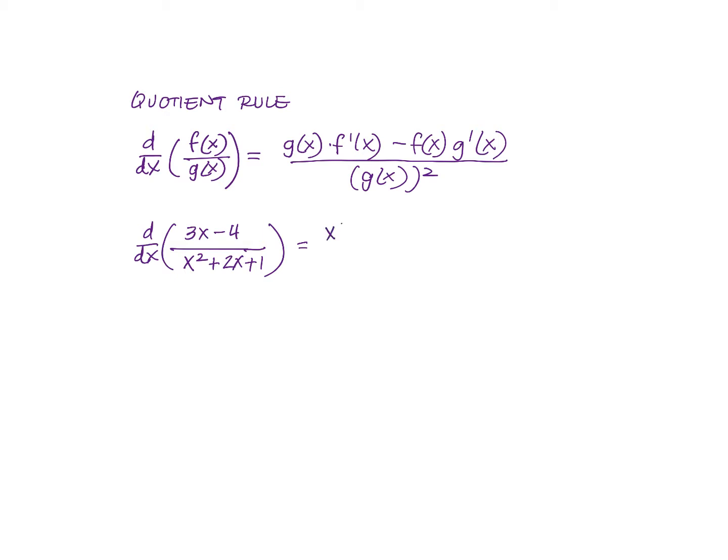So the g of x function, x squared plus 2x plus 1, times the derivative of the top function. And the derivative of the top function is just going to be 3, minus the top function, which is 3x minus 4, times the derivative of the bottom function. And the derivative of the bottom function is just 2x plus 2.